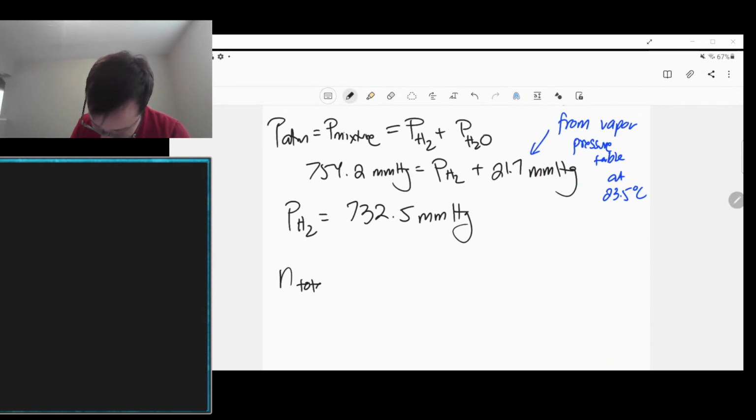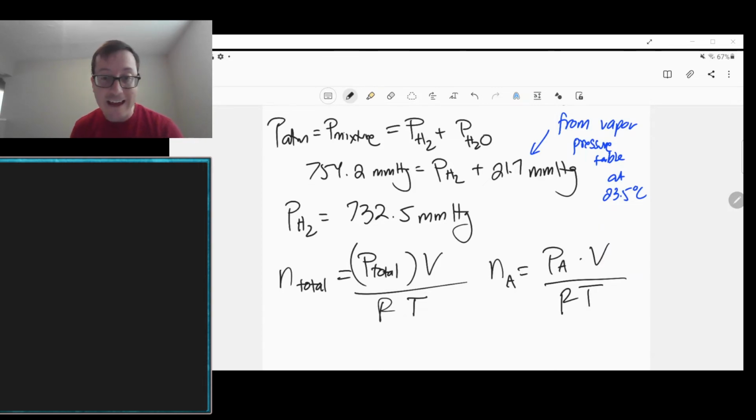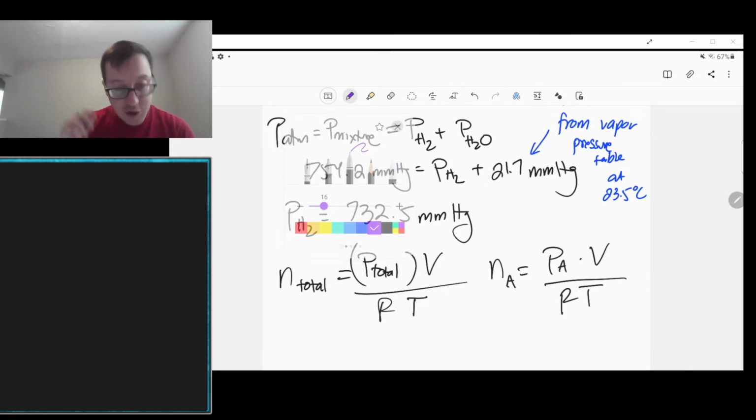We can solve for the total moles of the system by looking at the total pressure over RT, or we can look at the moles of a particular component of a mixture, whatever that happens to be, gas A, by looking at the partial pressure of gas A. So the total moles and the total pressure work out.